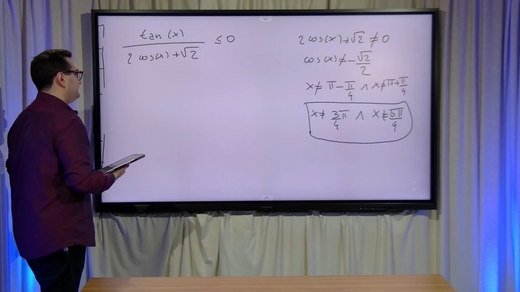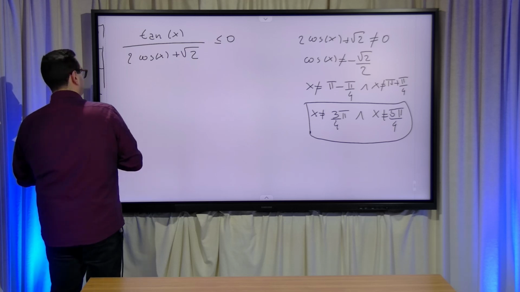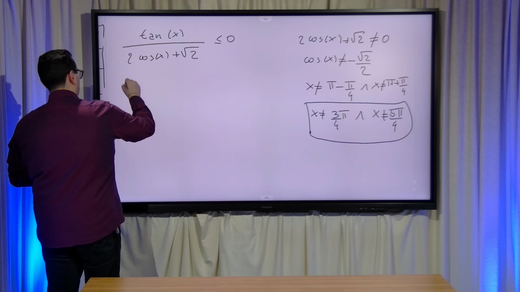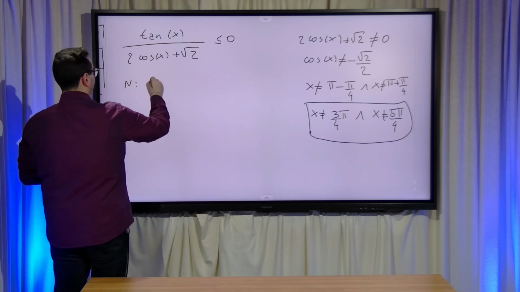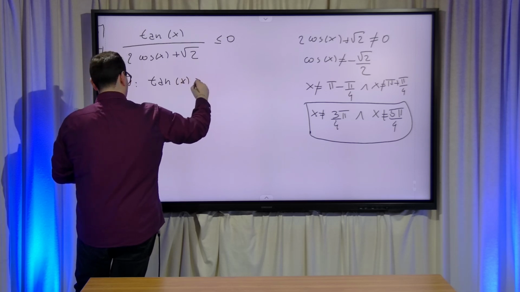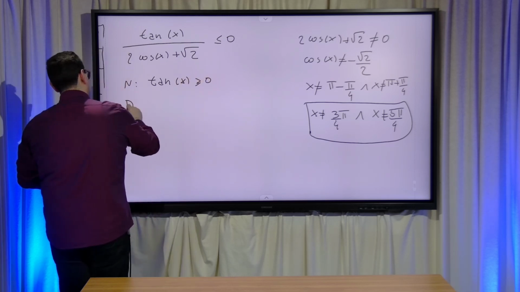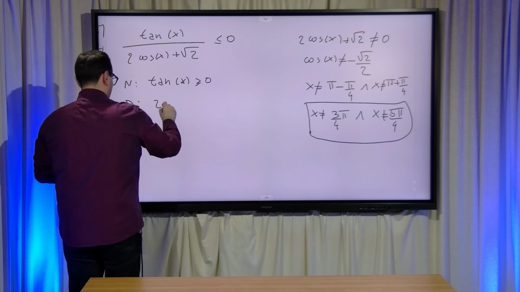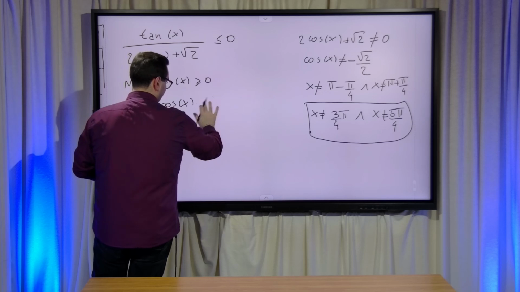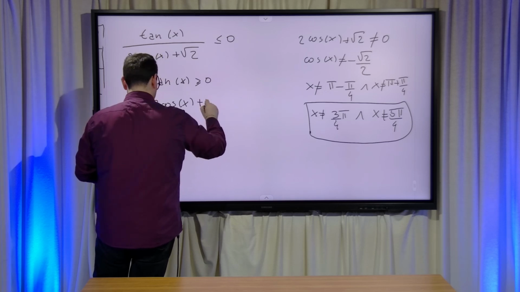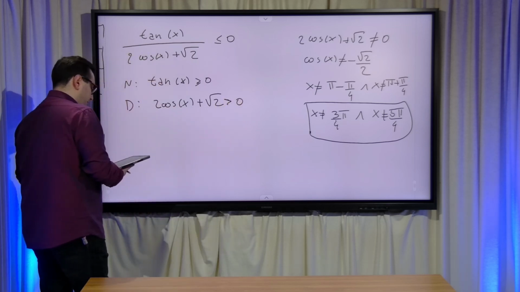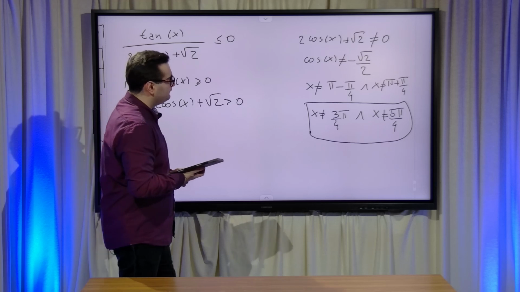Now I can solve the inequality considering the numerator and the denominator independently. So tangent of x greater or equal to 0, and the denominator, okay.